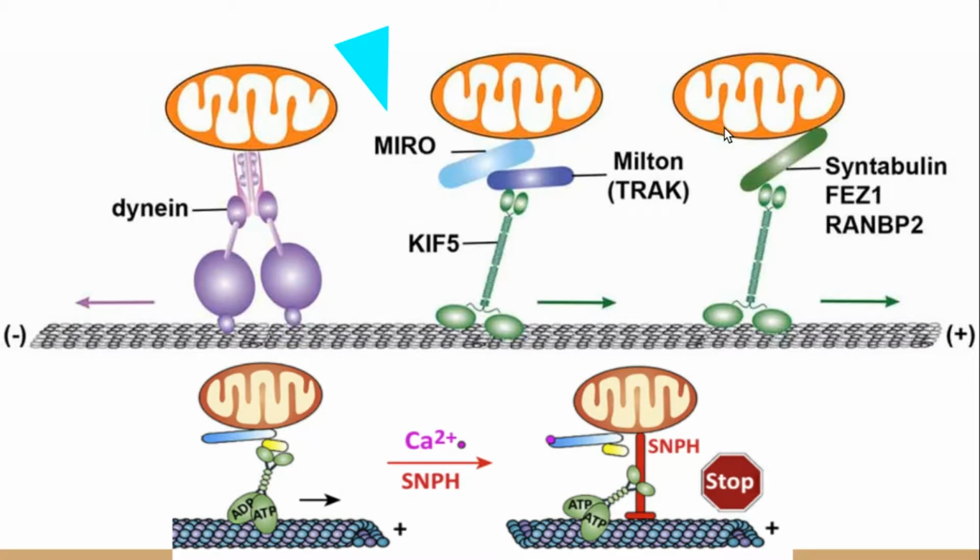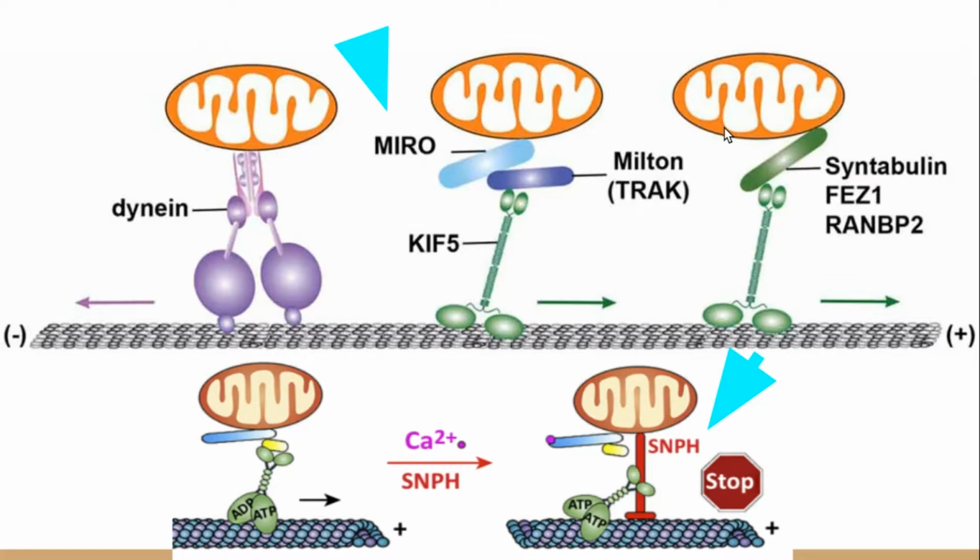Another protein that has been shown to negatively regulate mitochondrial transport is syntaphin. Syntaphin, abbreviated SNPH, has been shown to be required for activity-dependent mitochondrial immobilization in what's called the engine switch and brake model.